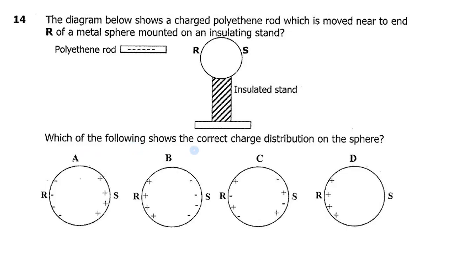Which of the following shows the correct charge distribution on the sphere? So this side will be positive because the negative will be repelled to the other side. So this is the situation which is going to be here, which means our answer is going to be B.